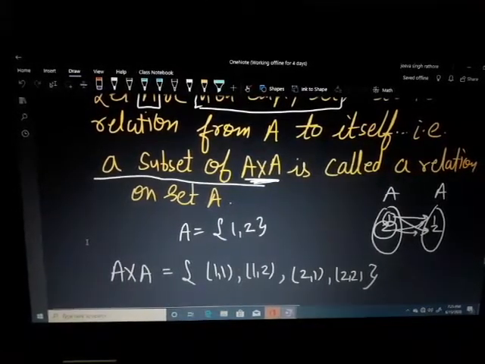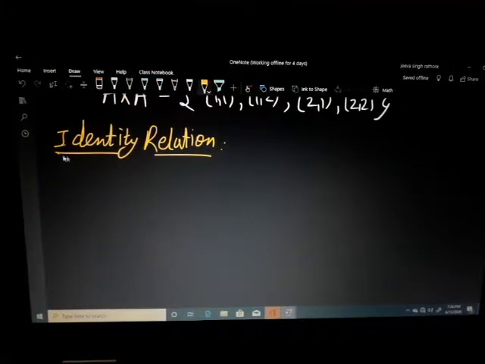Next, one most important point is the identity relation. This is very important, just learn it.